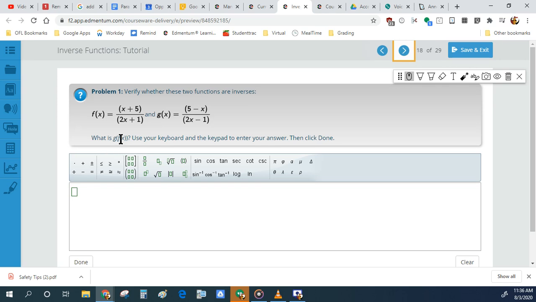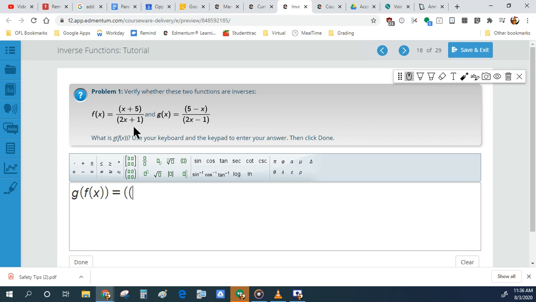What is g with an input of f of x? In other words, they only want us to verify it one way, luckily. So we're going to write g with f of x as an input is equal to the parentheses.